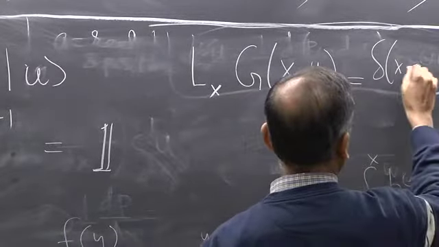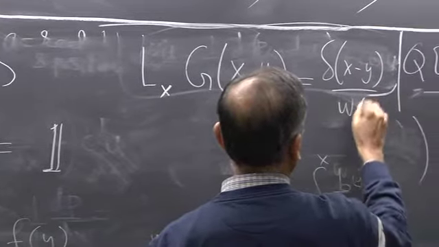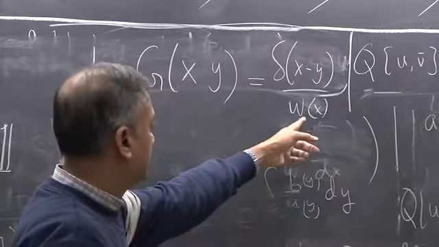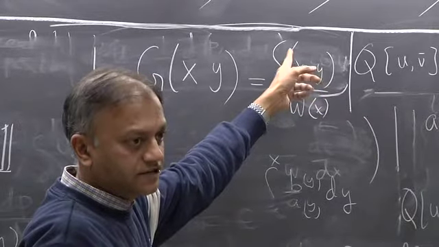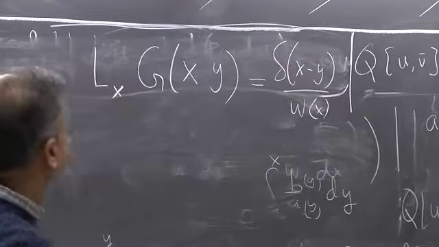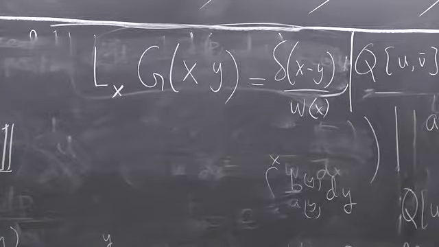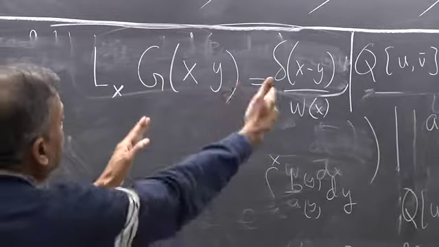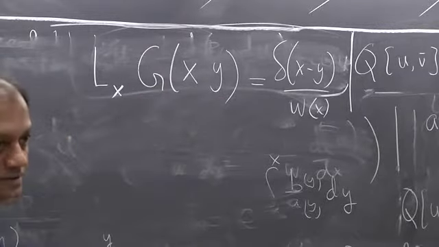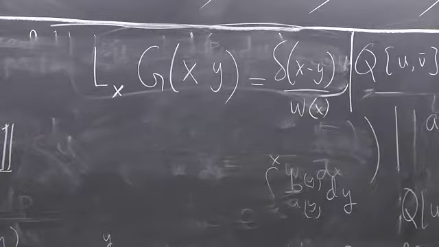So you have δ(x minus y) over w(x). Here it doesn't matter whether you call it w(x) or w(y), because anyway it's multiplying the Dirac delta function. So this is the equation we are looking for, and that is what we call the right inverse of this L.